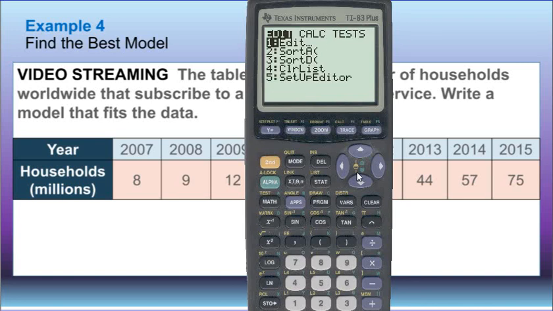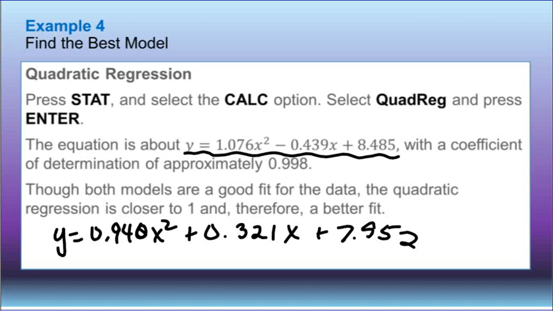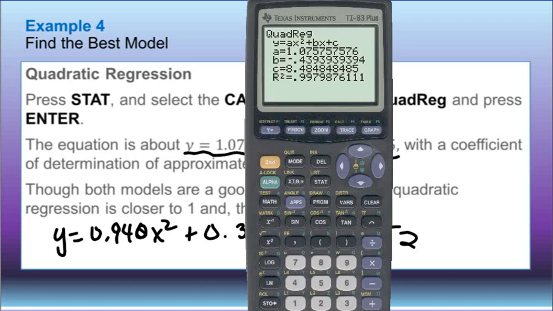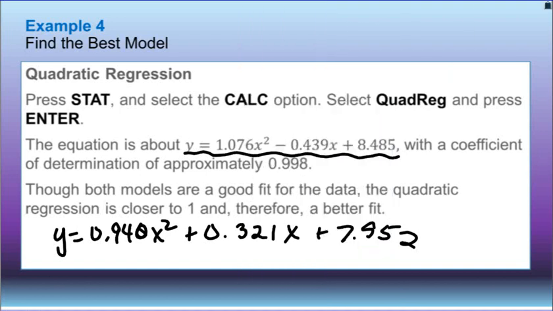Then if I hit stat, calculate, number 5, you would see there's my 1.076 x squared minus 0.439 x plus 8.485, which is what they have here.